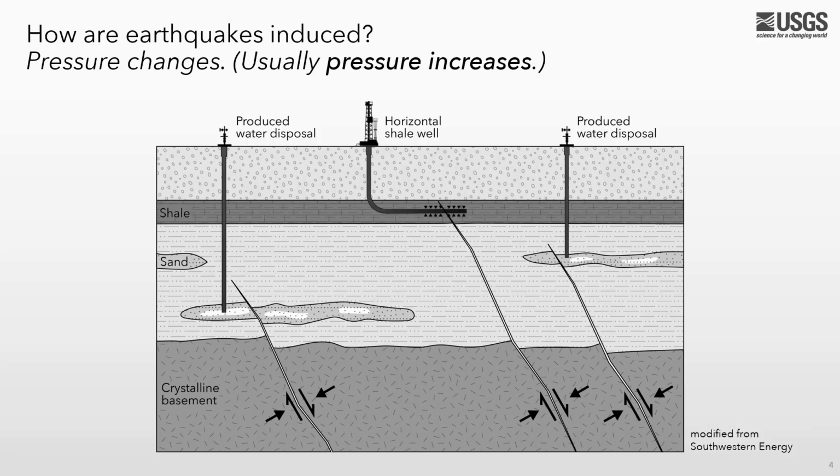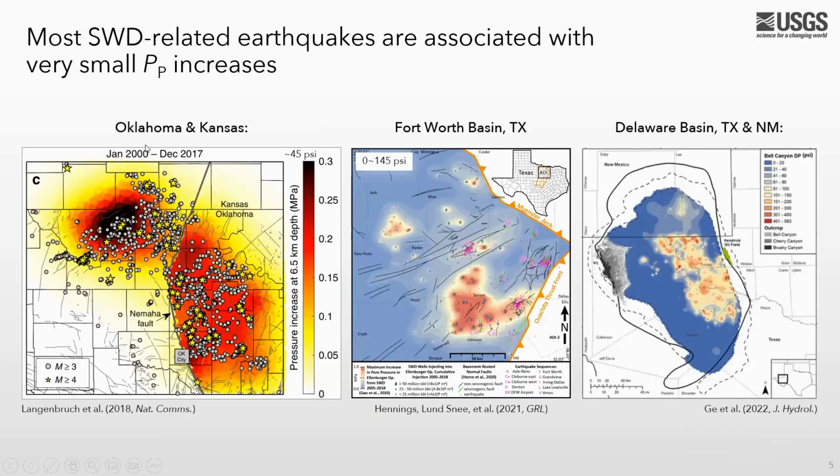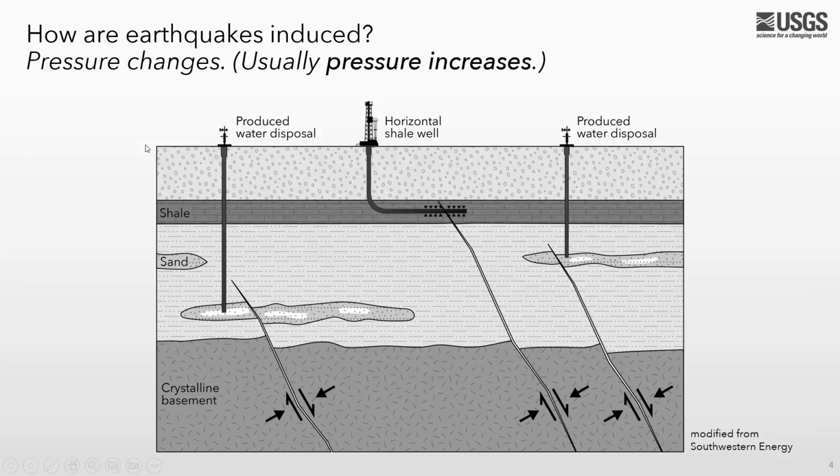And so most of the time, as we'll discuss, the injection-induced earthquakes are related to produced water disposal. And I'm showing two different depth ranges where that can happen, for reasons that will become apparent. And normally that's fine, not a big problem.